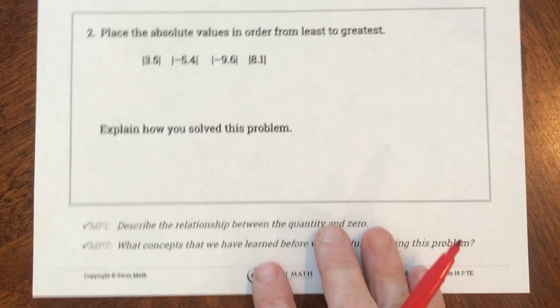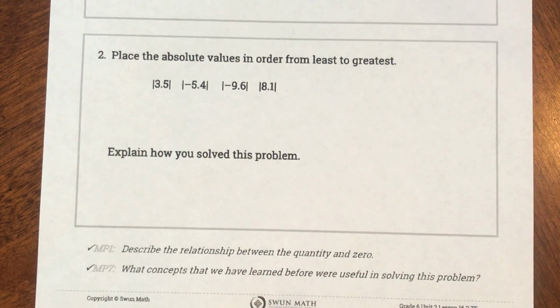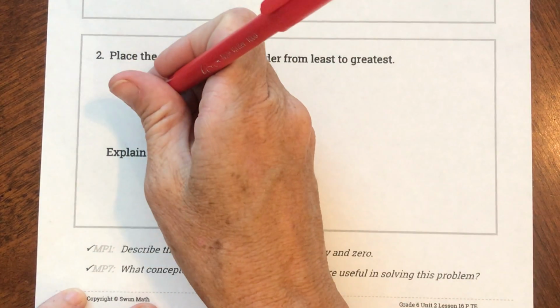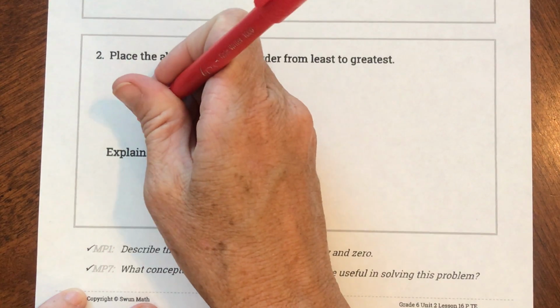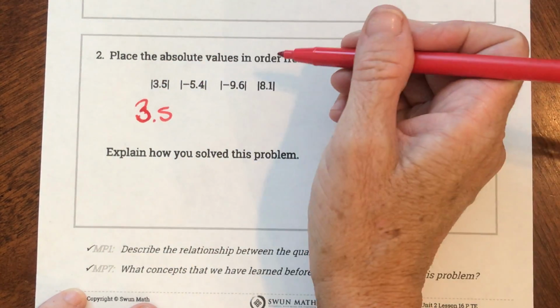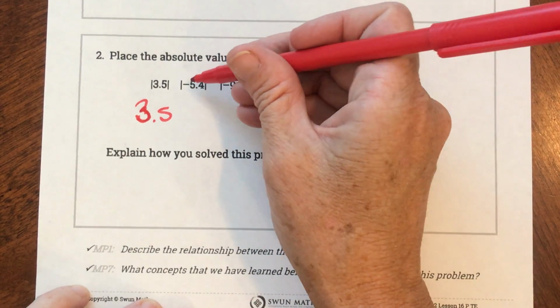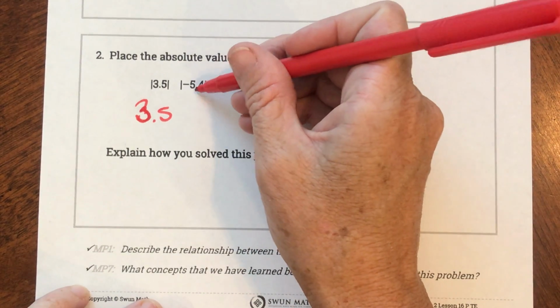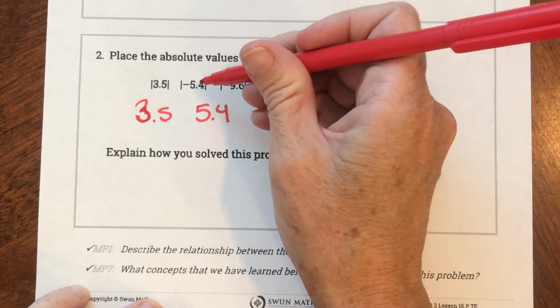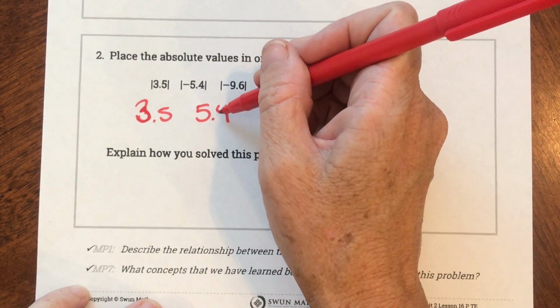Okay, let's look at our next one. It says place the absolute values in order from least to greatest. Okay, so the absolute value of 3.5 is 3.5, because 3.5 is 3.5 spaces from 0. The absolute value of -5.4 is actually 5.4, because it's 5.4 spaces from 0.